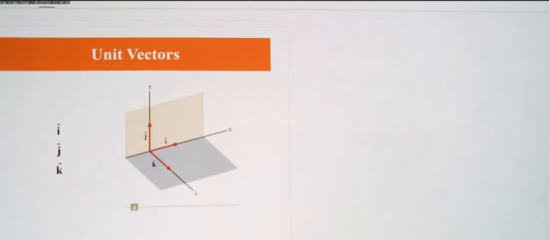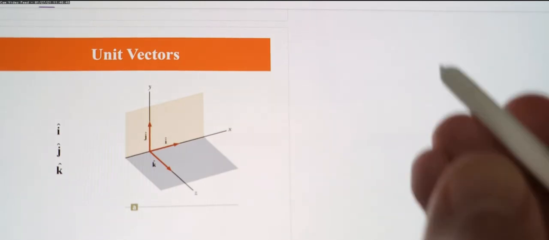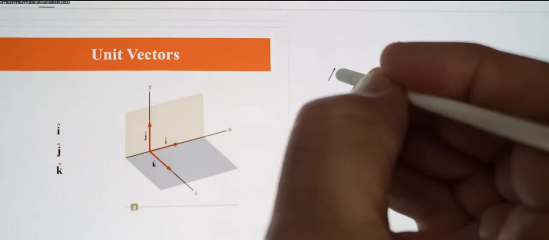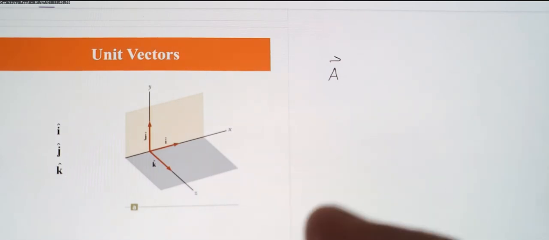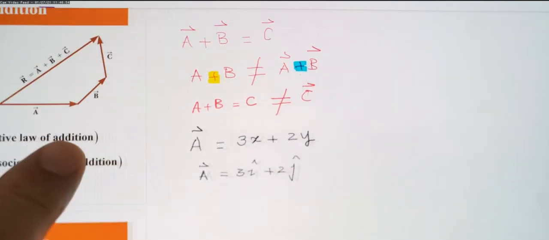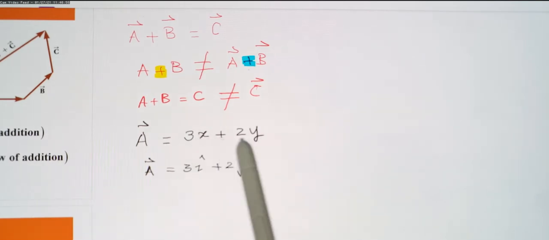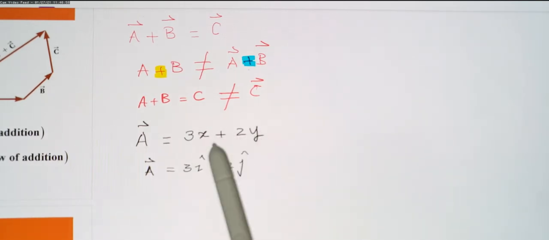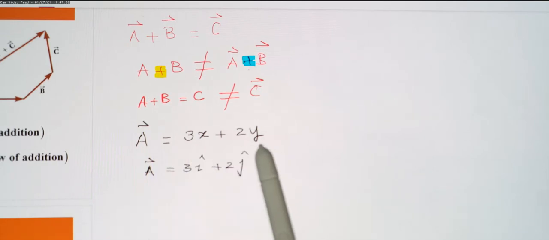So in our vectors, when we write them, remember when I told you we can write the vector as 3x plus 2y, a better convention is to use the unit vectors i, j, and k instead of writing x and y and z.